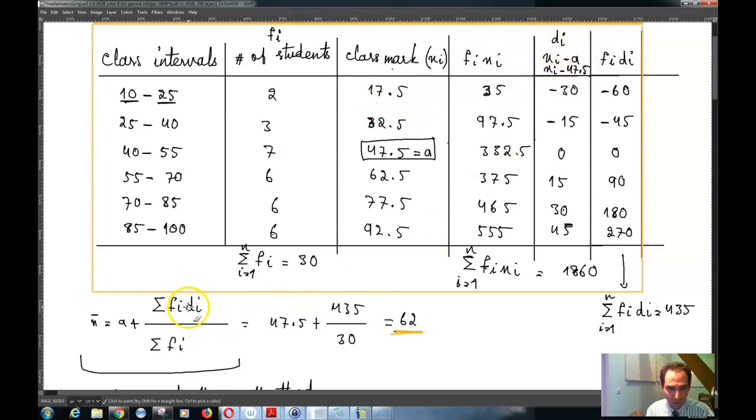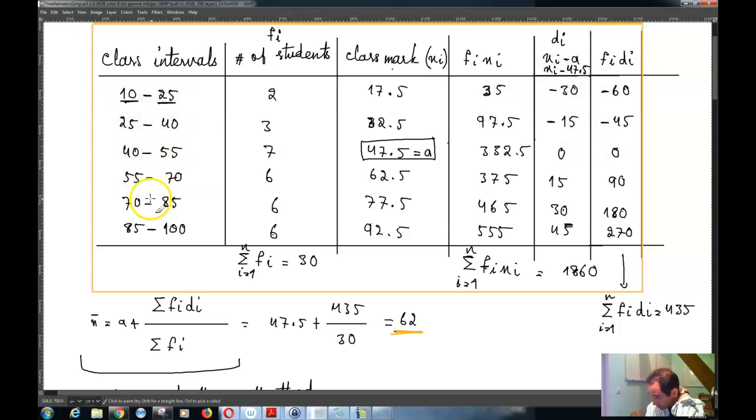As we were going through this table, I pointed out that all of these d of i's are a multiple of 15, and 15 is your class size, meaning that 25 minus 10 is 15, 40 minus 25 is 15, 55 minus 40 is 15, and so on. So this d of i is always a multiple of your class size, right?